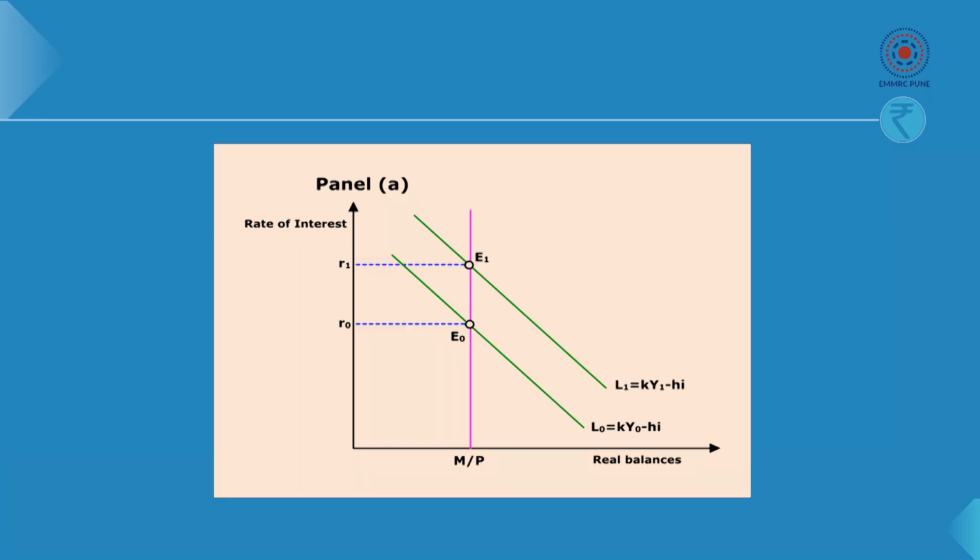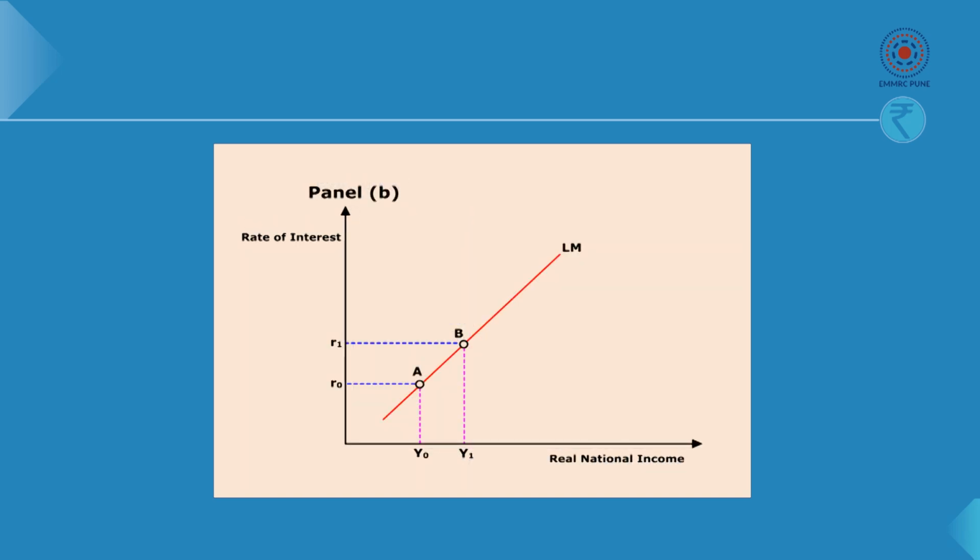We can see in panel A the equilibrium in the money market is at point E0, where M by P is equal to L0 and the interest rate is R0, and at this point the level of income is Y0. In panel B, the point corresponding to E0 is indicated as point A, where the rate of interest is R0 and the level of income is Y0.